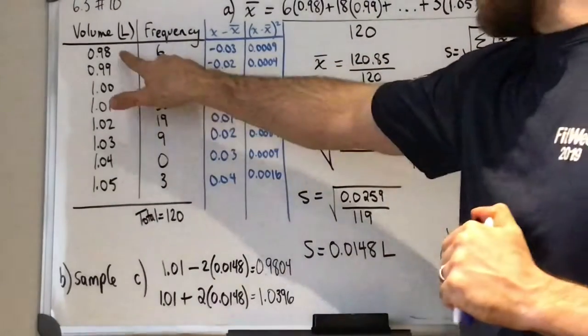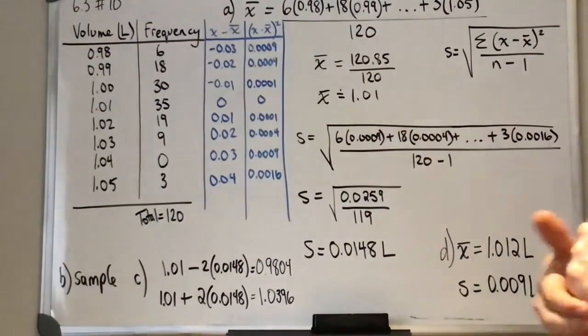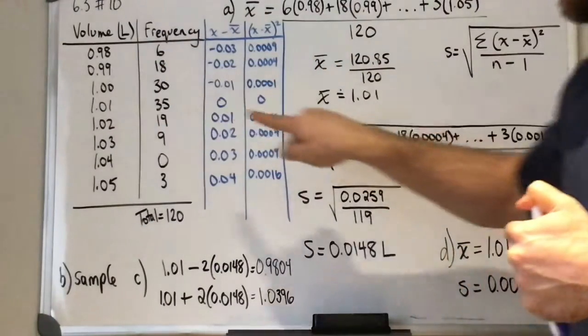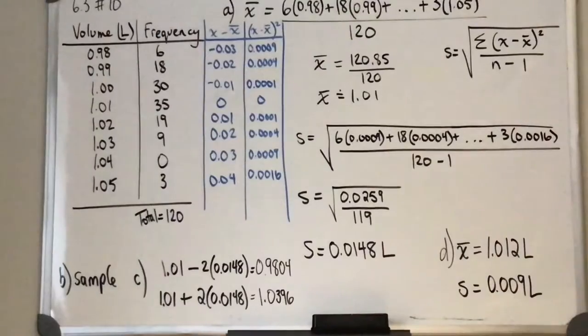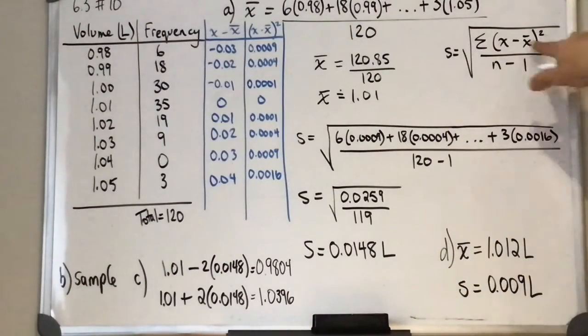So 0.98 minus 1.01 is negative 0.03. We'll keep that going. 0.99 minus 1.01, negative 0.02. If you keep that going throughout, then we're going to square it because that's part of our formula as well, x minus x bar squared.